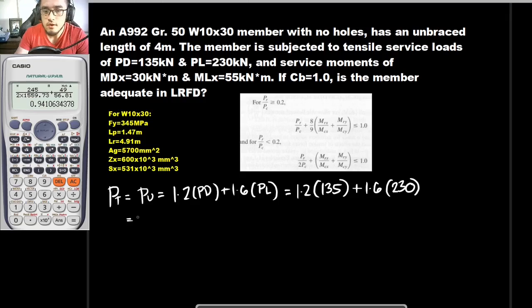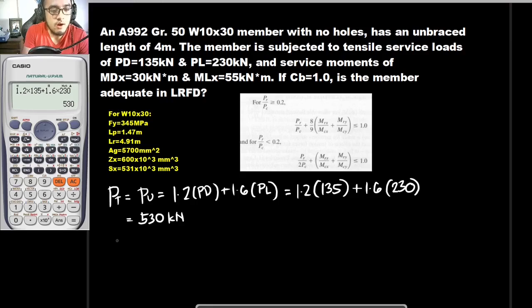So solving for this, 1.2 times 135 plus 1.6 times 230, our answer here would be 530 kilonewtons. So we already have the value of PR.